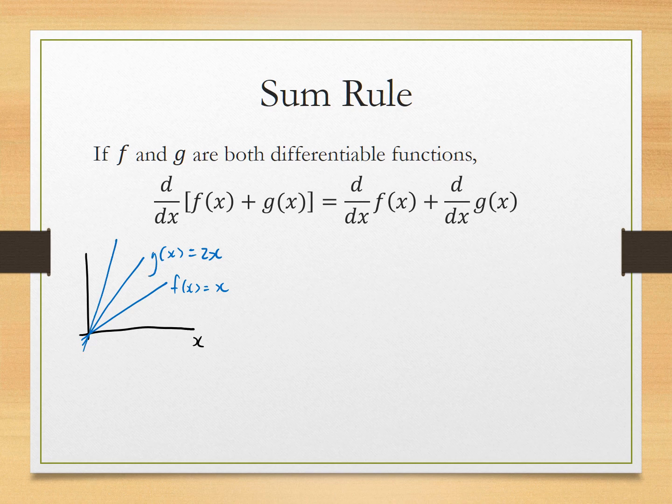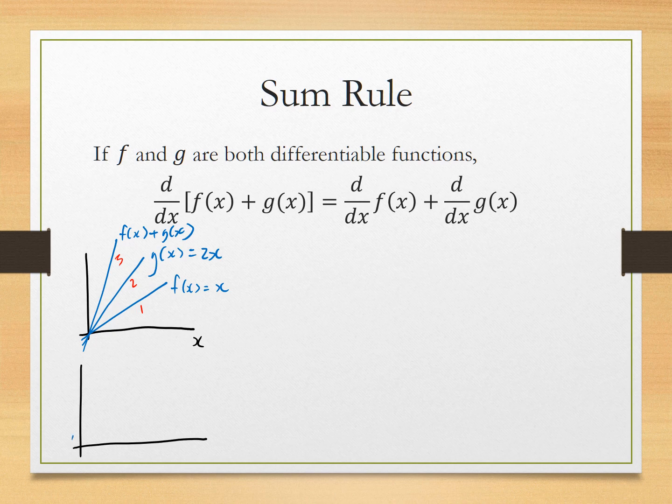And then you have f(x) plus g(x). Well, if you do that, it's quite clear that the slope would be 1, 2, and 3, right? So you can sum up the slopes if you sum up the functions. And that holds for any curves that you can think of, right?